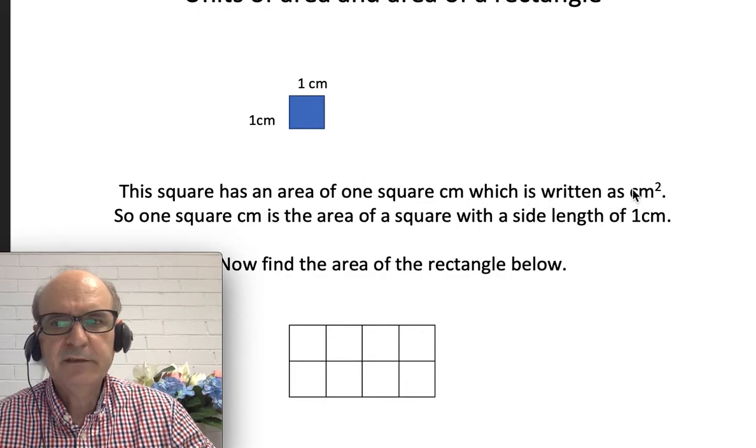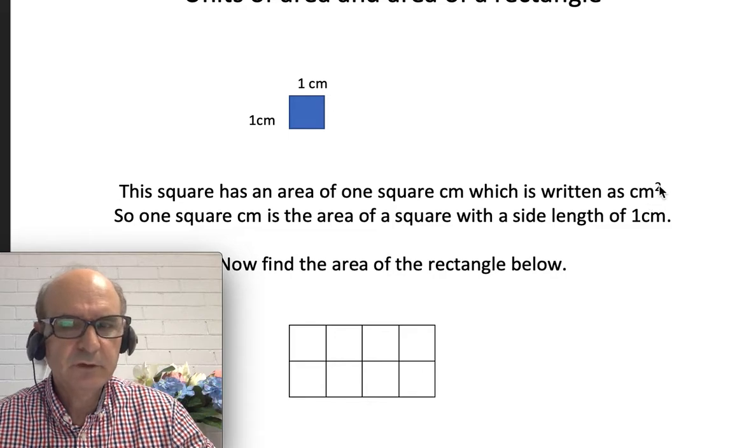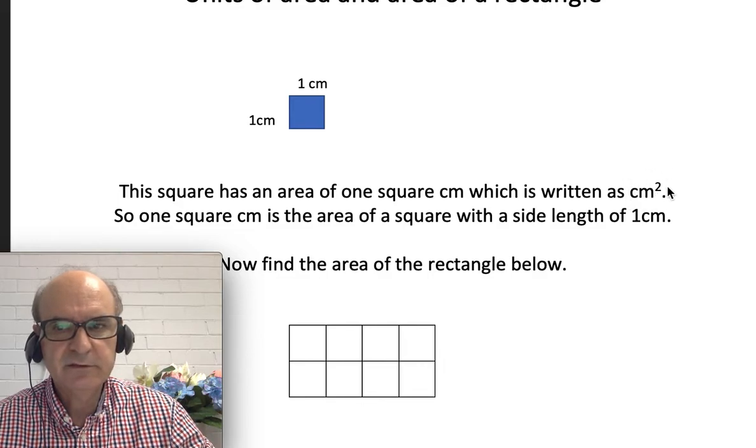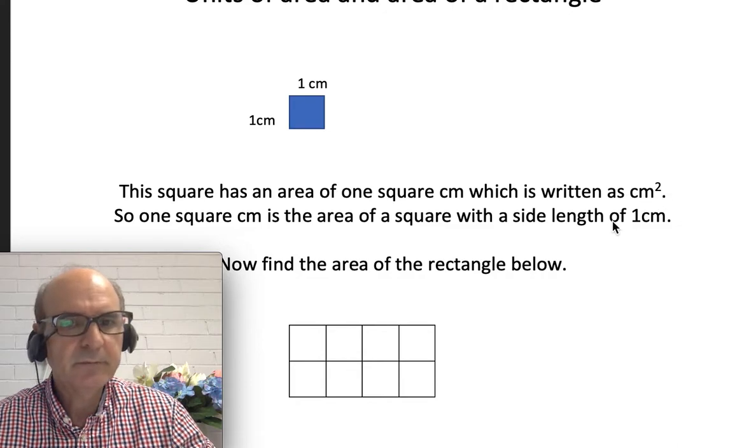We write it like this and we read it as 1 square centimeter, not centimeter square, which many people do wrongly. You've got to read it as square centimeter.